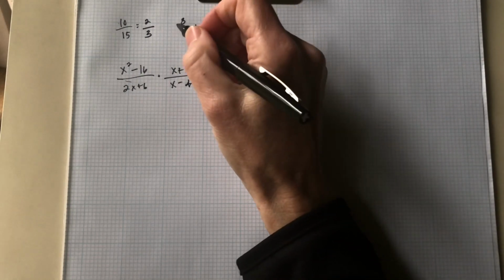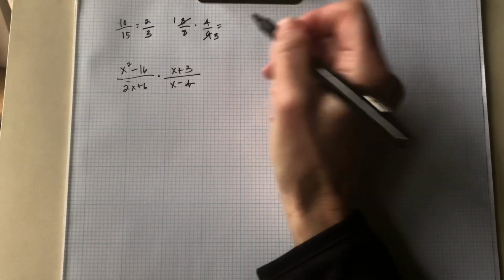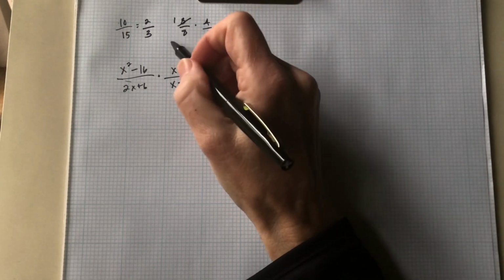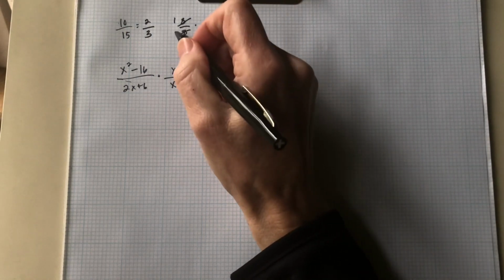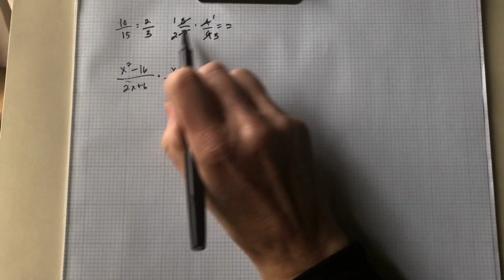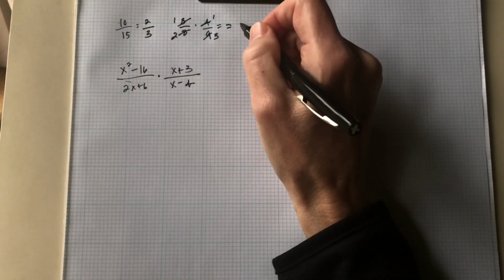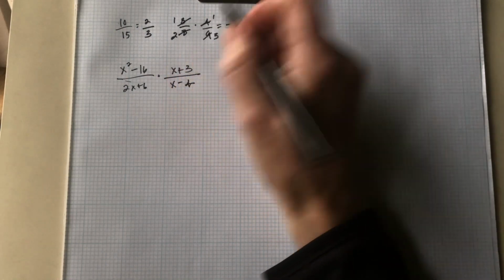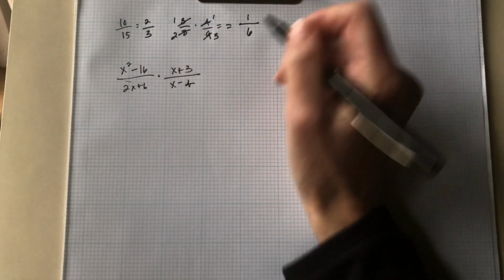We can say, well, 3 goes into itself once, and 3 goes into 9 3 times. We can do simplifying this direction. 4 goes into itself once, 4 goes into 8 2 times. So then we just multiply across the tops and across the bottoms, and we get, oh, I wrote an equal sign there, just ignore that. 1 times 1 gives us 1, 2 times 3 gives us 6.